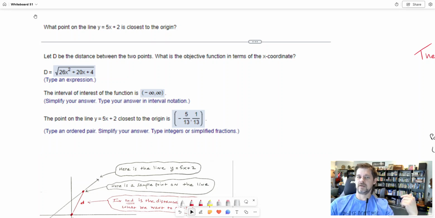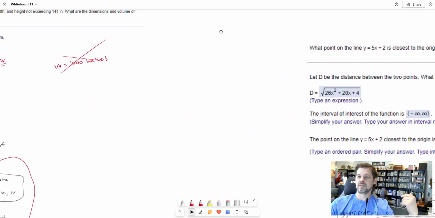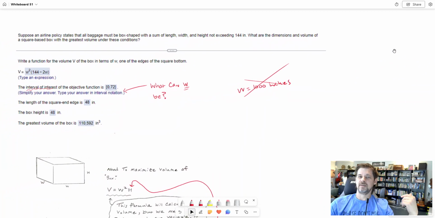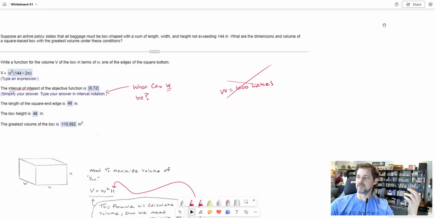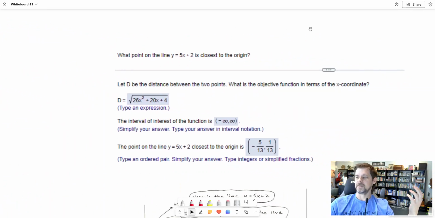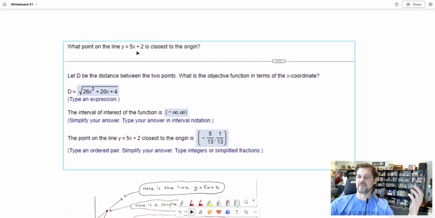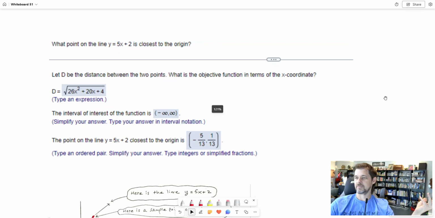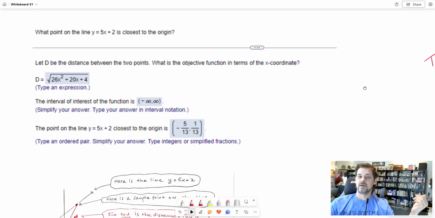So I just made this video on finding the maximum volume that a piece of luggage could have under other conditions. So it's like that, you know. But it seems different because it's more abstract. We just have this line and it says which point on the line is closest to the origin. But let's talk about how to solve it.